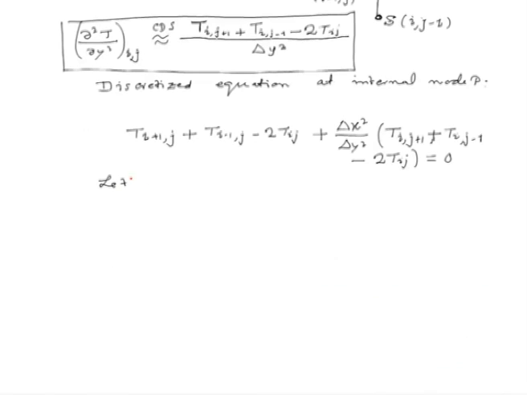So, let us use a symbol alpha, or rather let us use beta. Beta is equal to delta x divided by delta y.